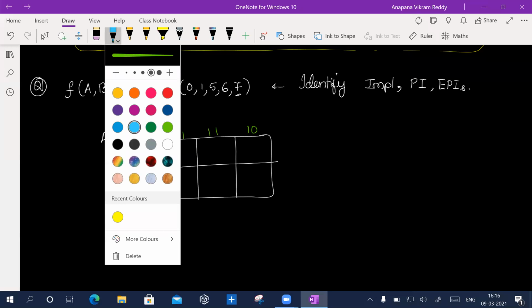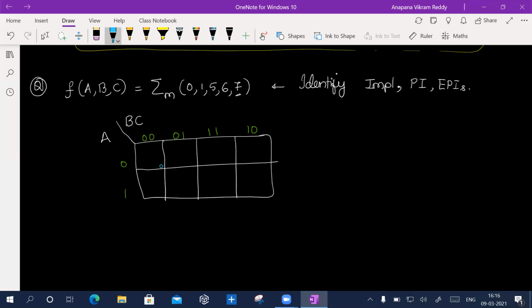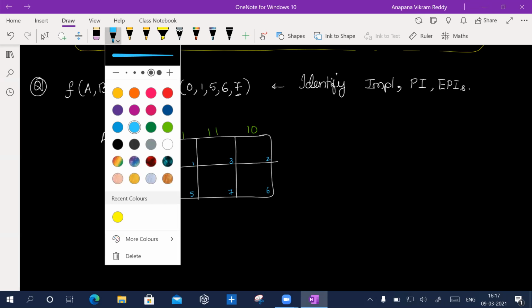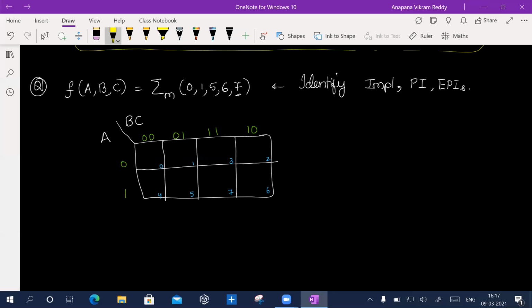And I take my minterms here. So this is 0, 1, 3, 2, 4, 5, 7, 6. Now I have 1 at 0, 1, 5, 6, 7.